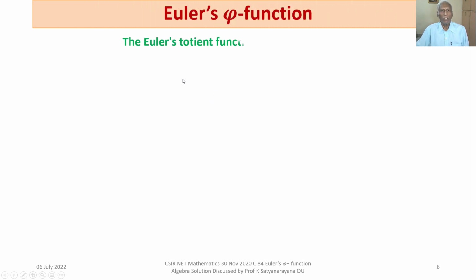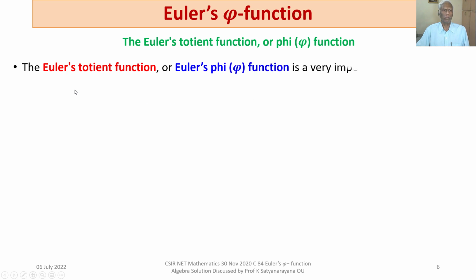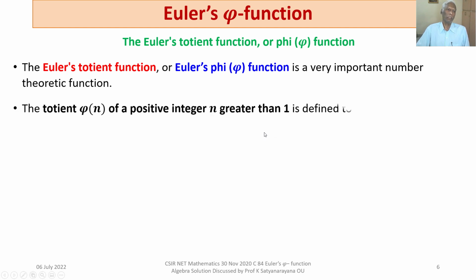Before that, we have a prelude on Euler's phi function. The Euler's totient function or phi function is a very important number theoretic function in number theory.